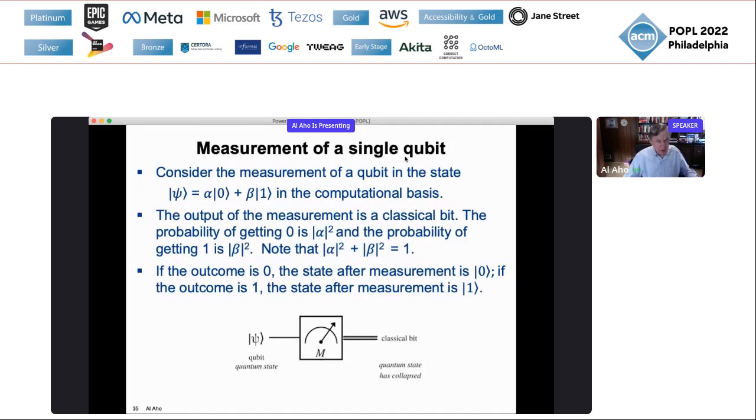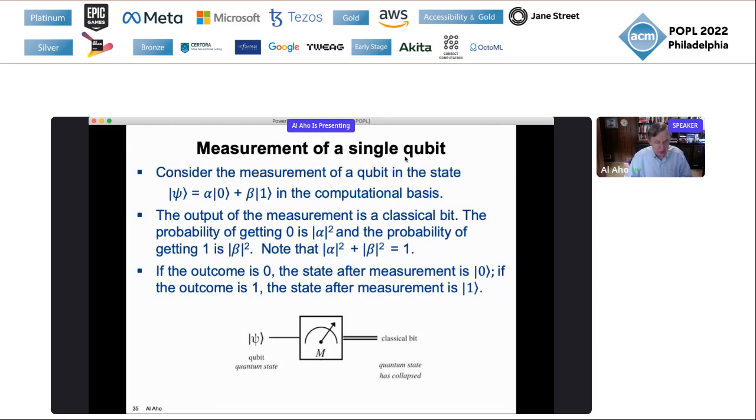As an example, let us consider the projective measurement of a single qubit psi equal to alpha times ket 0 plus beta times ket 1, as shown in this slide. You would like to get the amplitudes of psi as an outcome, but in the world of quantum physics, you can only get one classical bit, a 0 or a 1, as outcome.